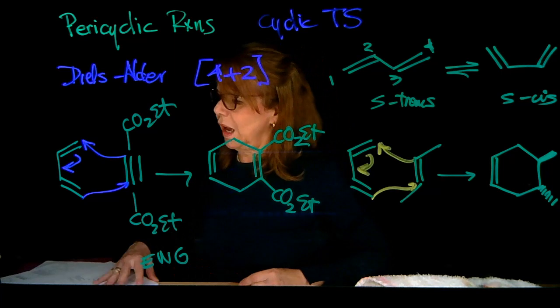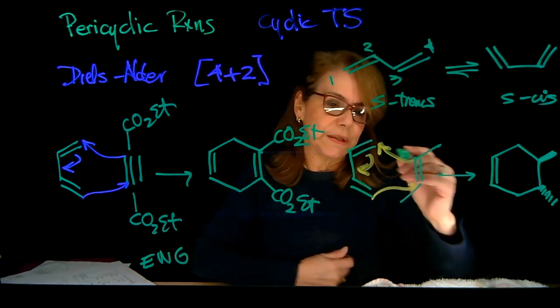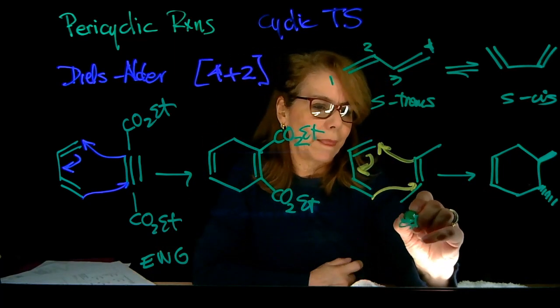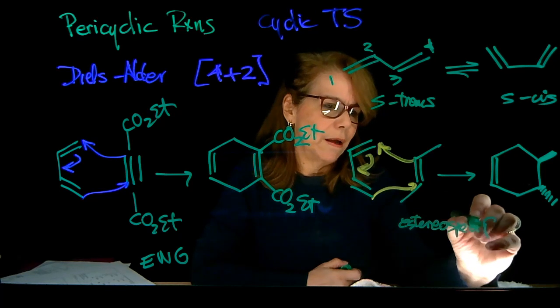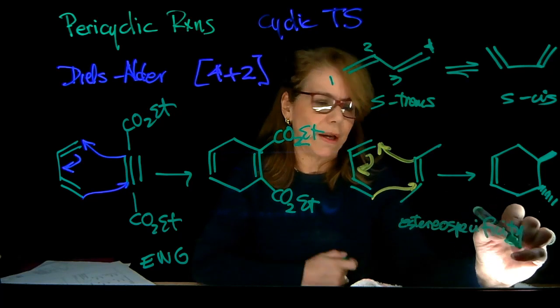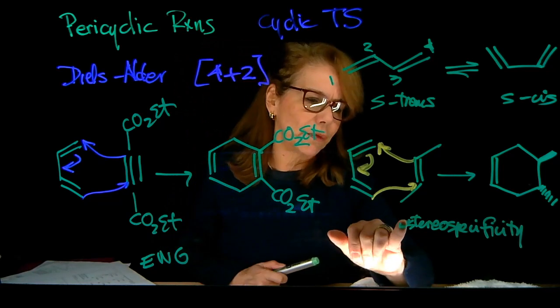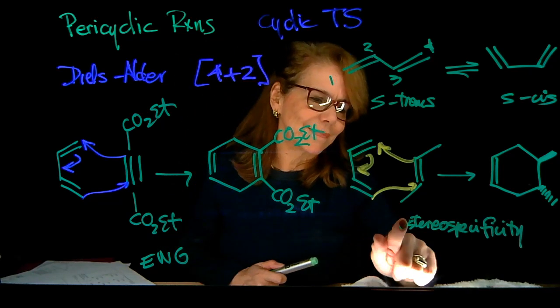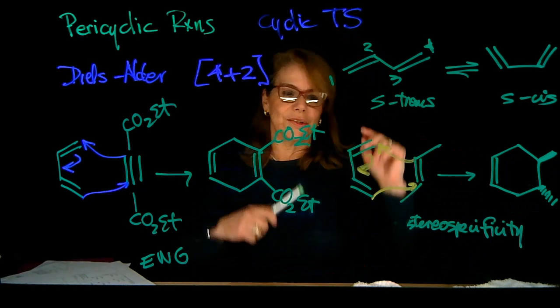Another thing besides what we have talked about is the stereospecificity of the reaction. Again, that refers to if you start with the trans, you get the trans, or with the cis, you get the cis.